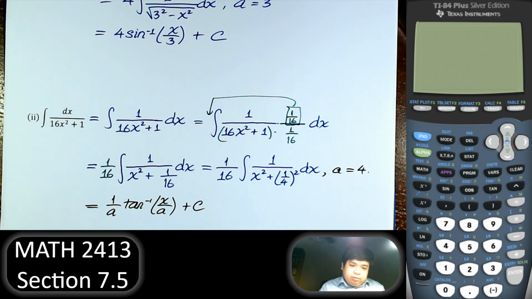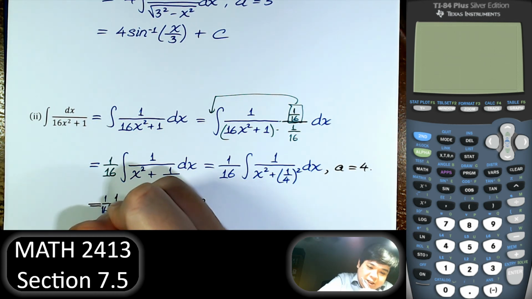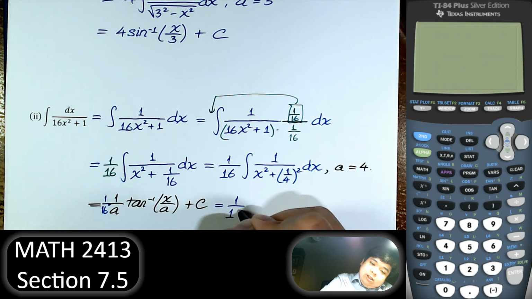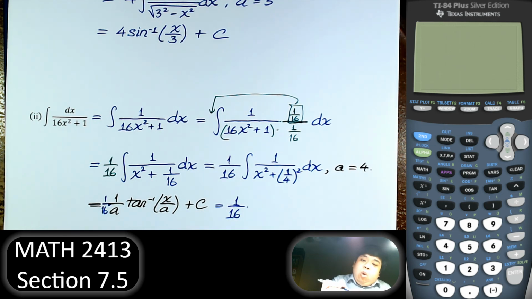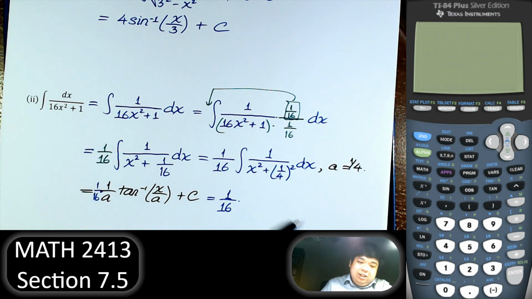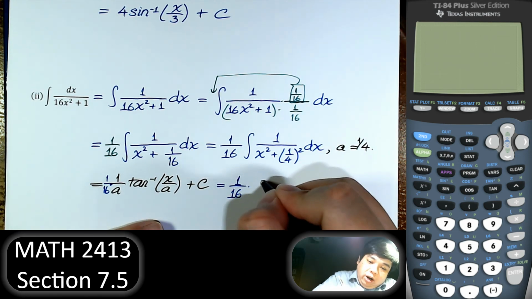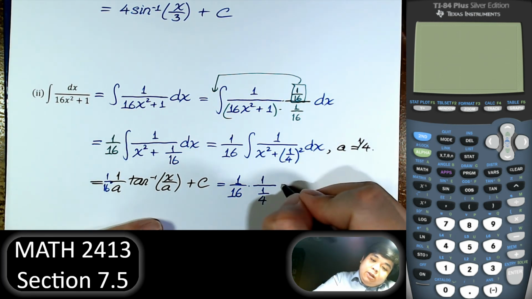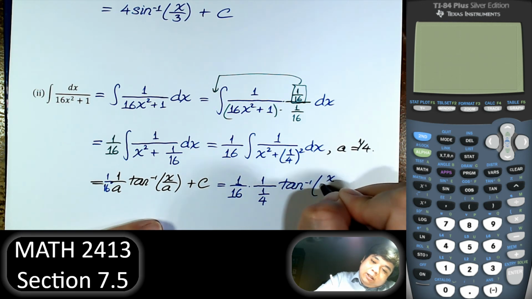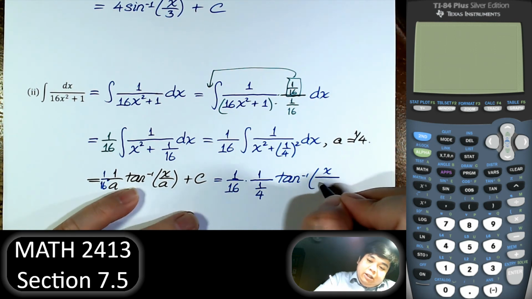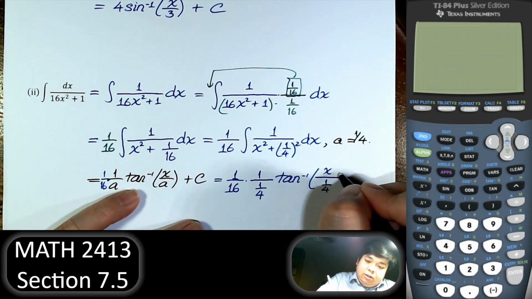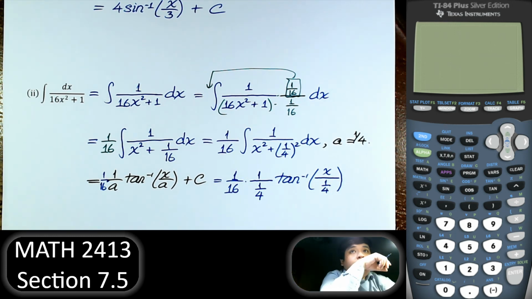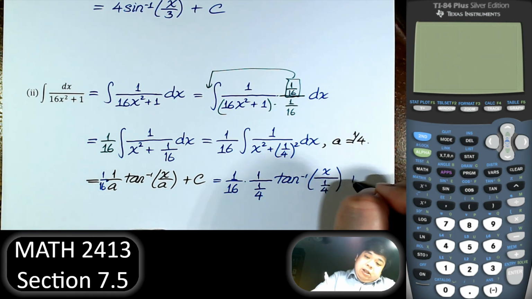That's the integral, because we still have the 1 over 16. So we have 1 over 16 times 1 over a, and a is 4, so that is 1 over 4, tangent inverse of x over a, plus c.